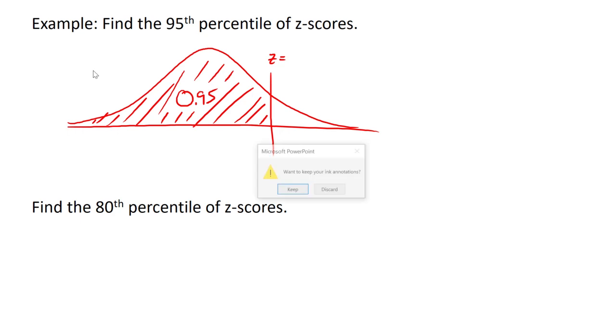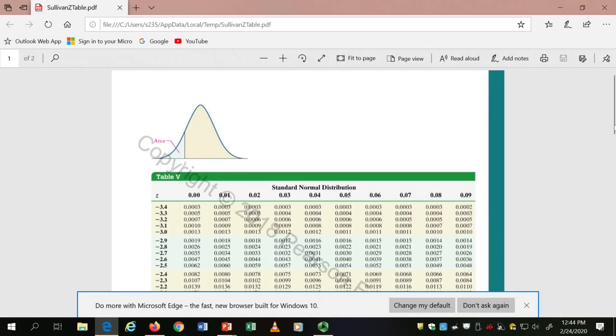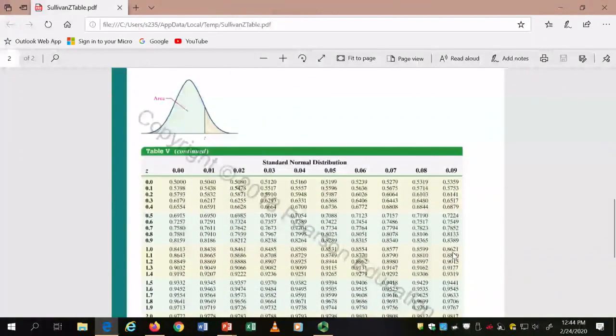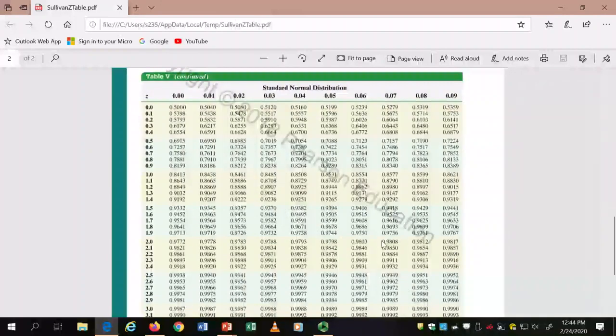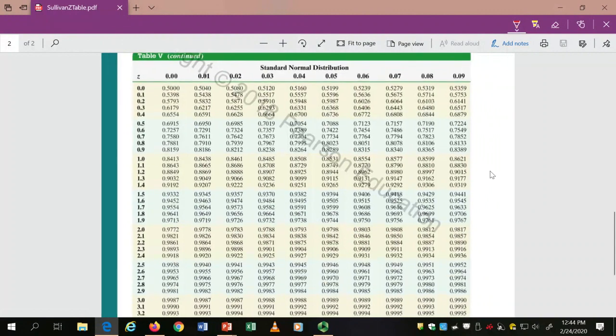And then if you go to the positive side of the z-table, I brought mine up here. Okay, there's my positive side. How do I find the 95th percentile? Exactly. We're going inside the table, and what we're looking for is 0.95 in the table. I'm searching through my table, and if you look in there, where do you hit it?